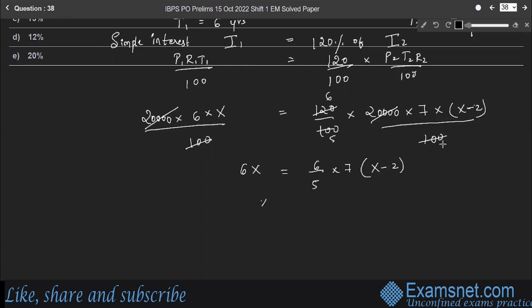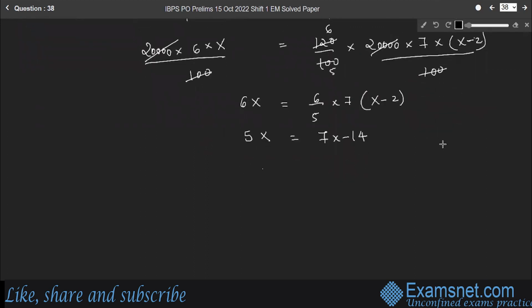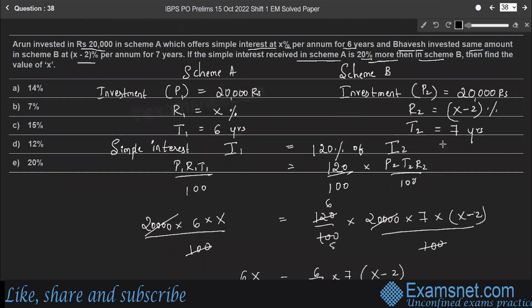So 5x is equal to 7x minus 14. Therefore, 7x minus 5x, 2x is equal to 14. Therefore, x is 7. So here, question is find the value of x.